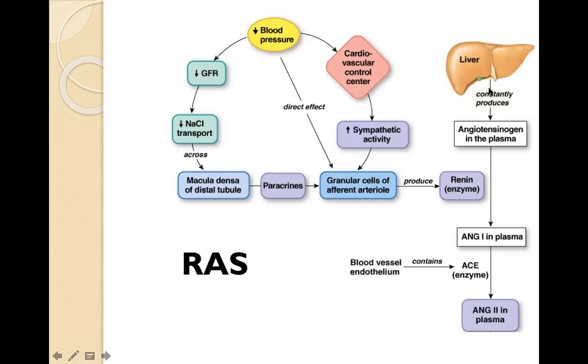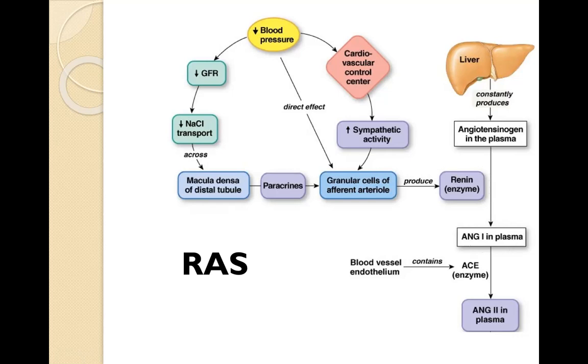It circulates in the plasma in inactive form, and it will be activated by renin. So when renin is released, this angiotensinogen will be cleaved and activated, and it will make angiotensin 1. So now there's this active molecule that is circulating through the plasma.